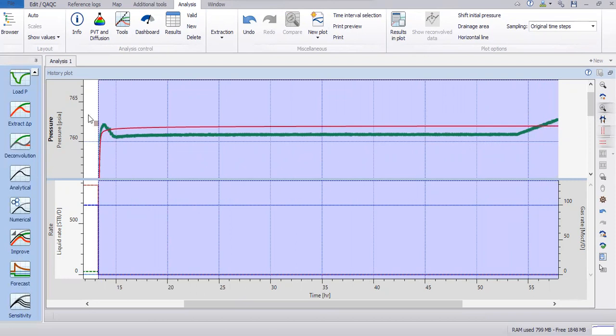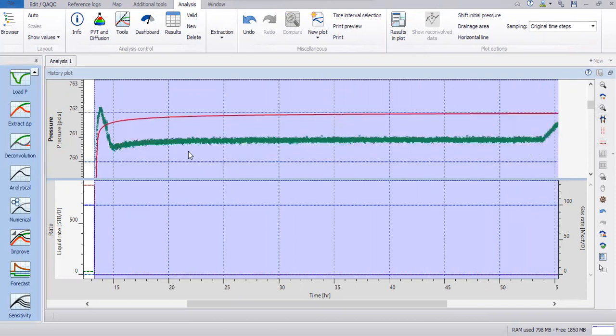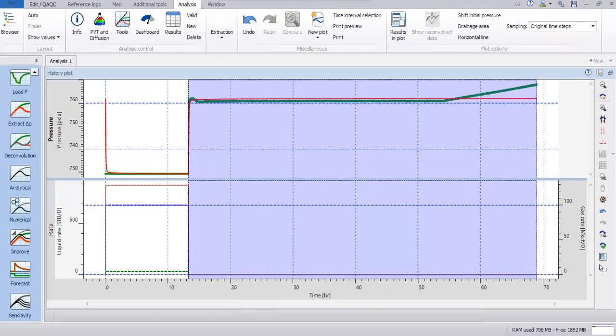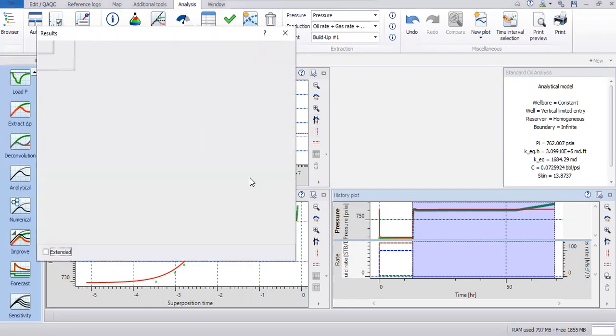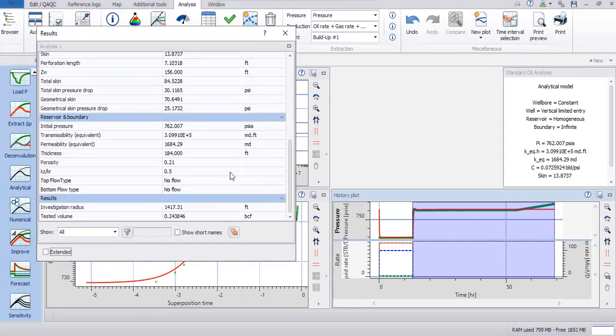Yeah, actually, the difference is not very high. I think it's reasonable. So the permeability is very high with KZKR 0.5. It still makes sense in this reservoir.